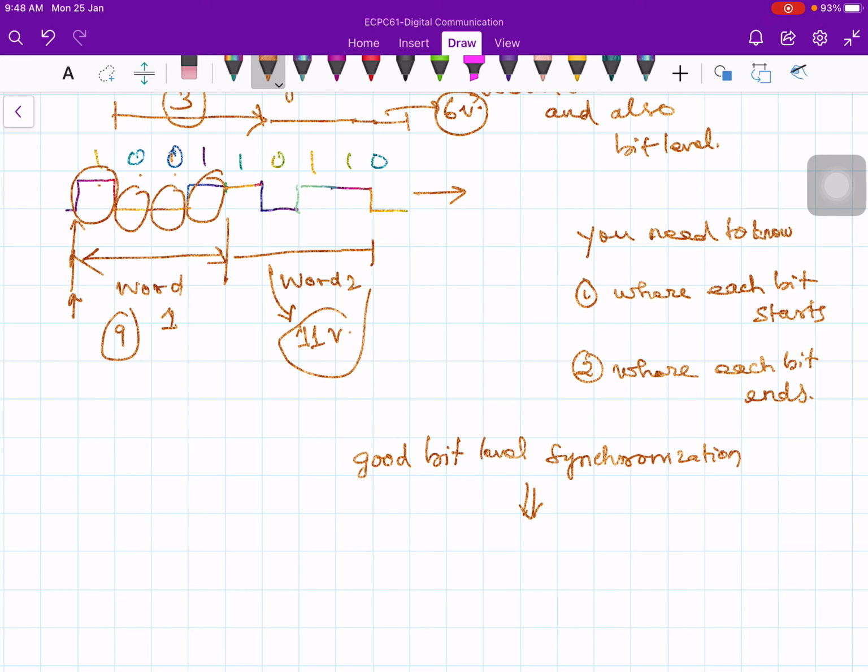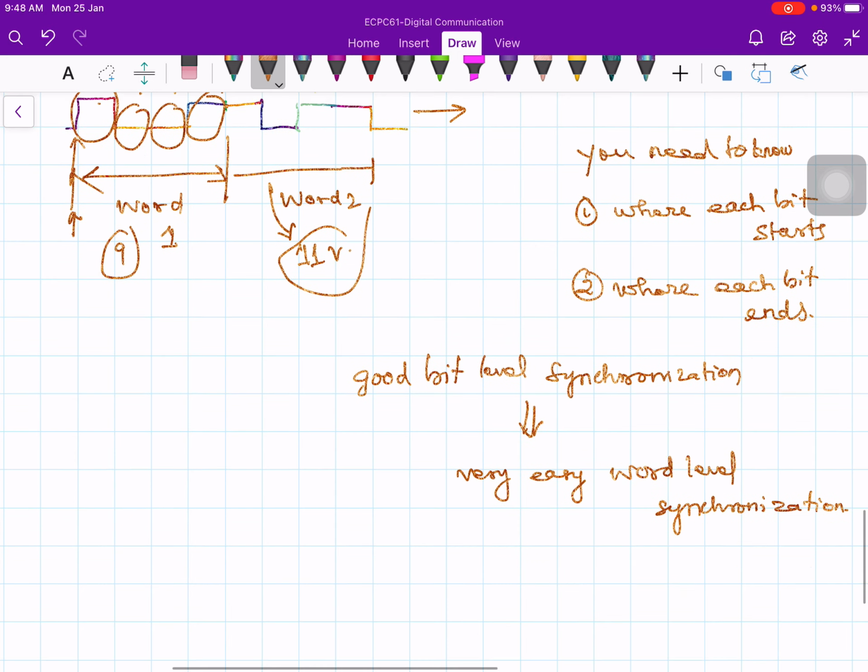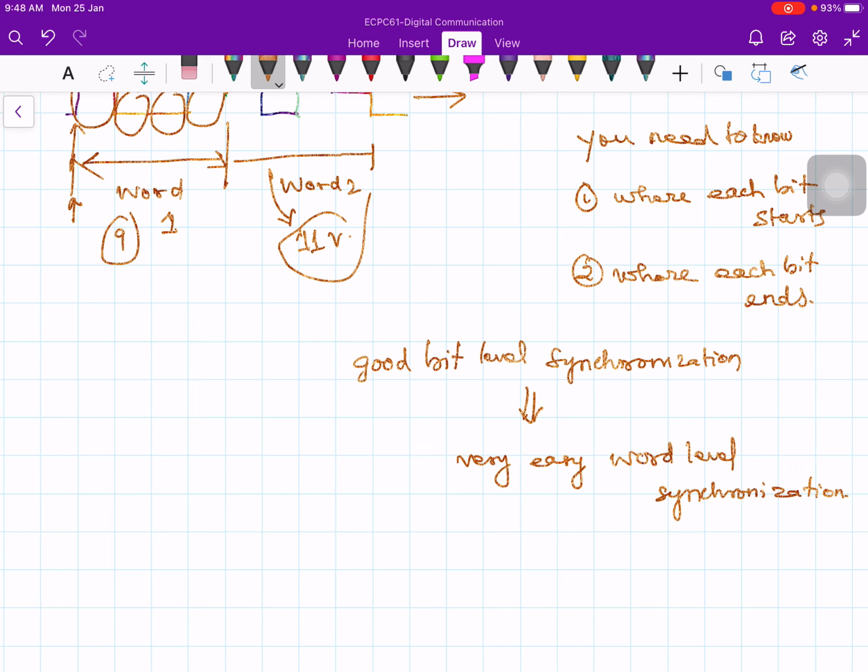Bit level synchronization leads to word level synchronization, because we know how many bits the word contains.